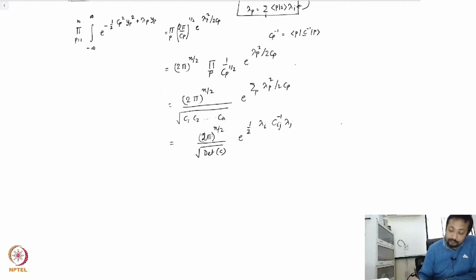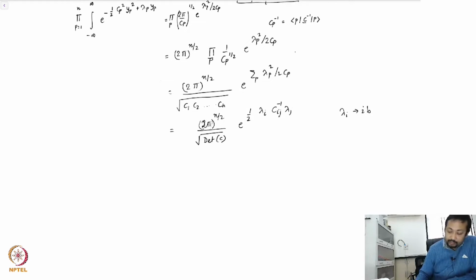But note that we have lambda i as i times b. So in our case, we will have a factor of minus in front, but we will worry about that when we actually write down that integral.